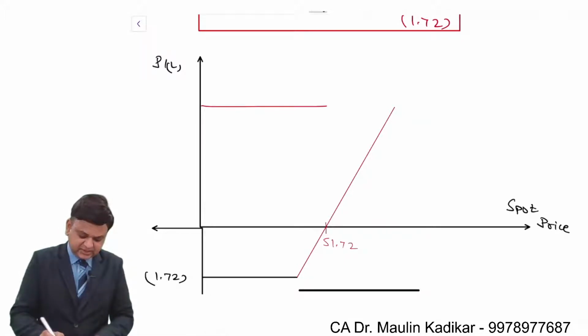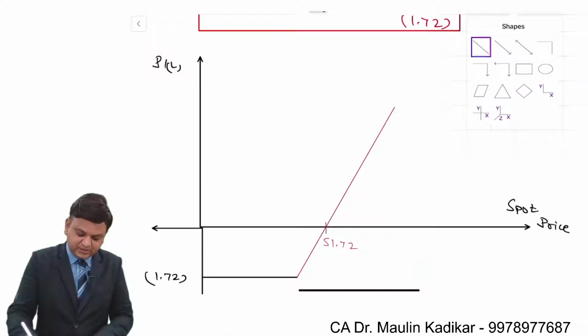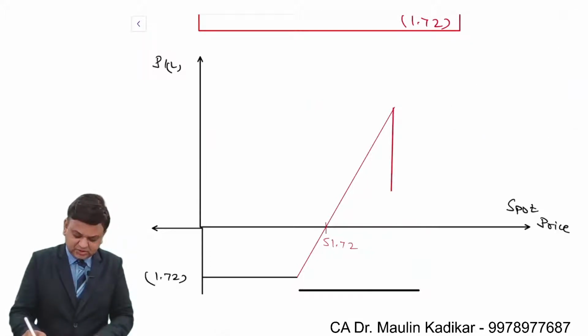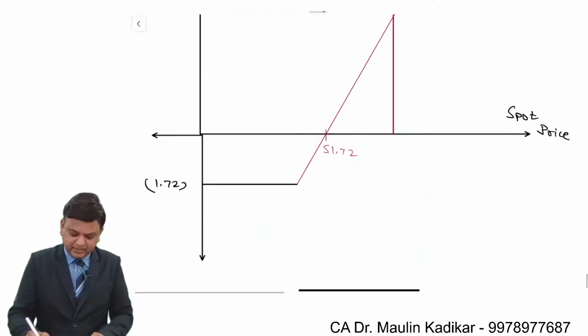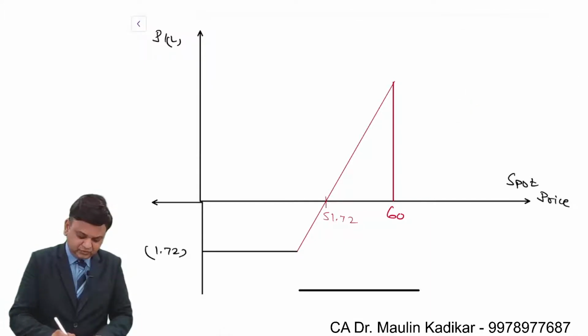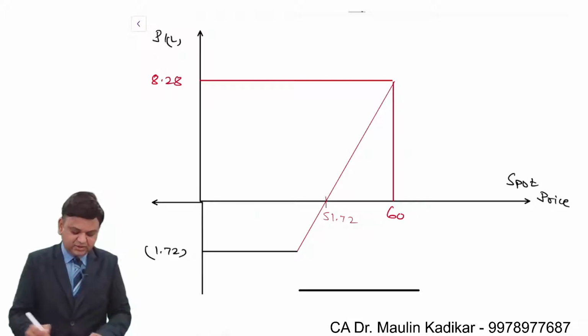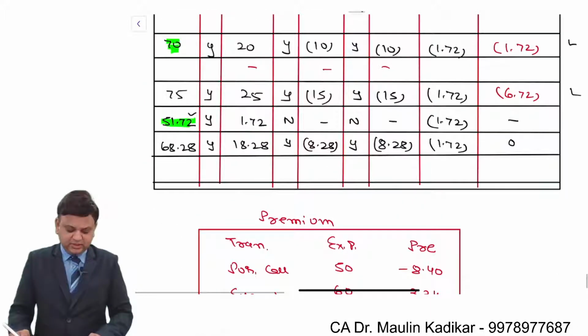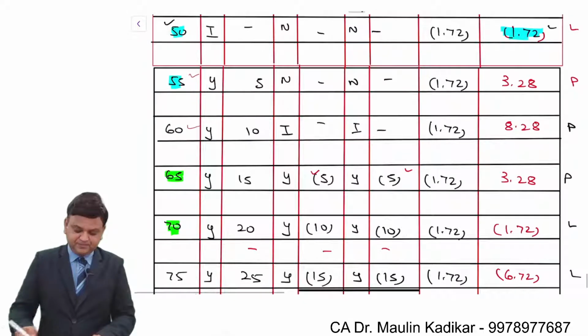Then when the spot price of the equity share reaches 60, there is a situation of the maximum profit of 8.28. Why? Because at that point we exercise our call option and the options that we have sold are not being exercised.